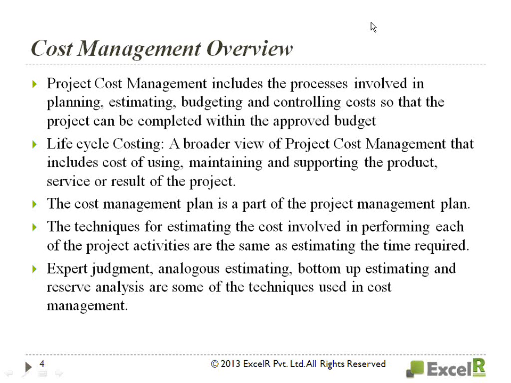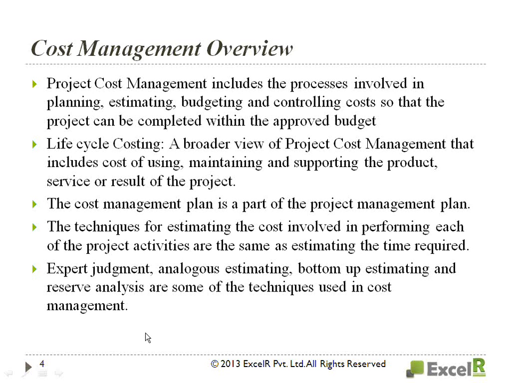We have not entered into any of the processes yet. So what are the techniques we use for estimation? Most of the techniques we use here are the ones we used earlier in estimating the schedule. One of the estimations is analogous estimation, and parametric estimation, which we have seen earlier.